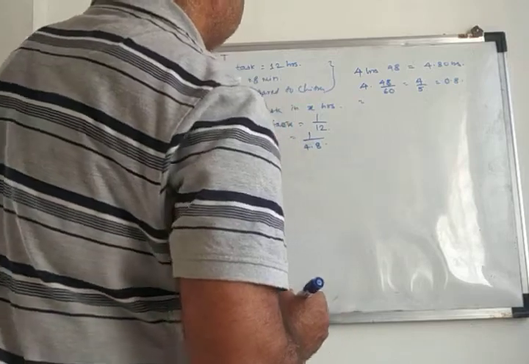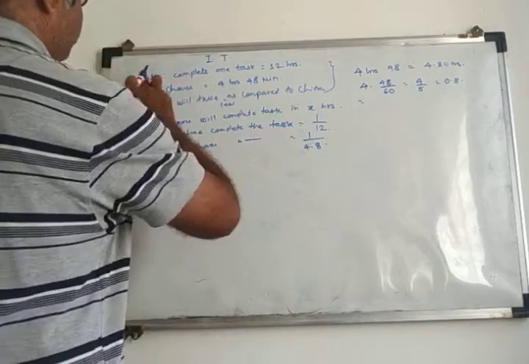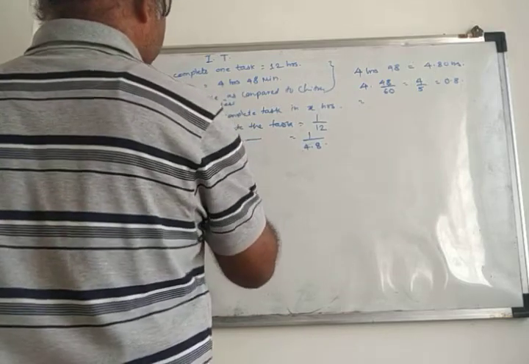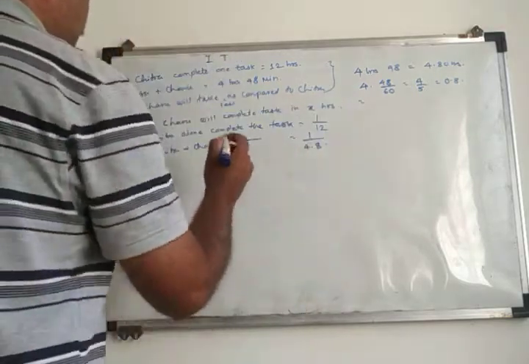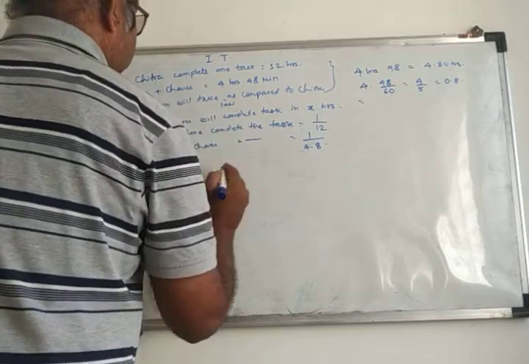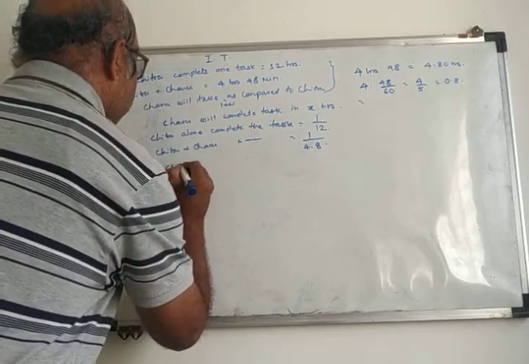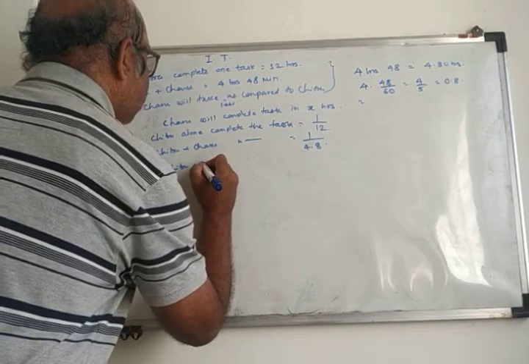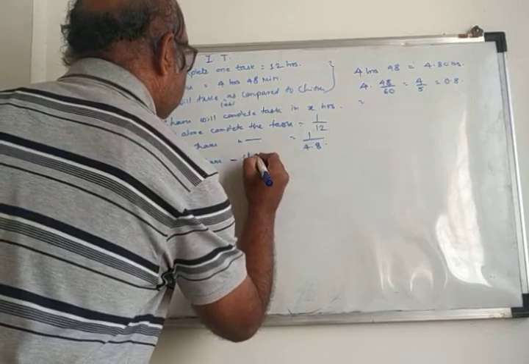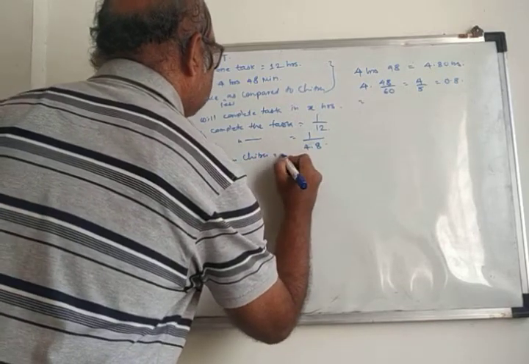Now, very simple: take the difference. Charu is X. If you take the difference of both minus Chitra, it is equal to Charu. Whatever part of the work they have done, together minus Chitra is equal to Charu.